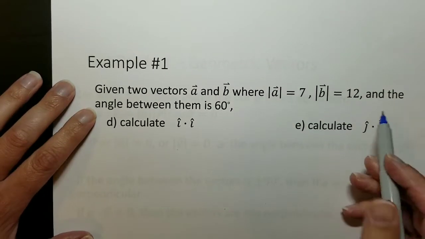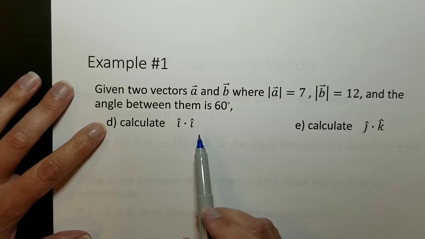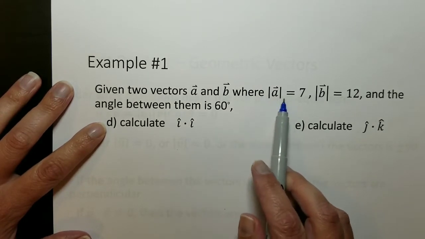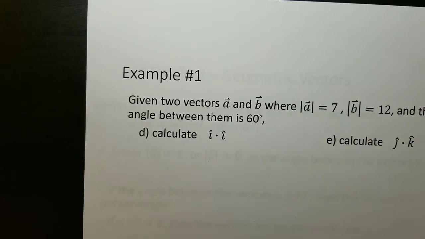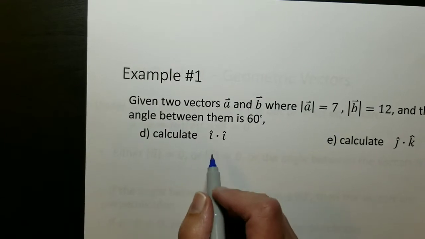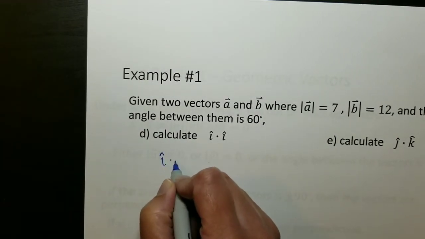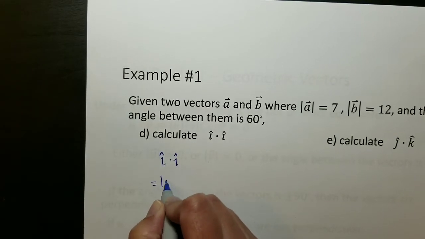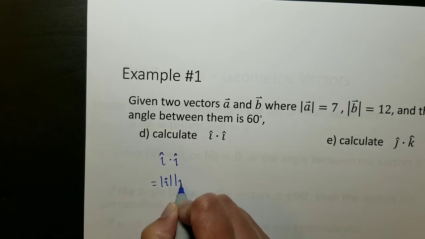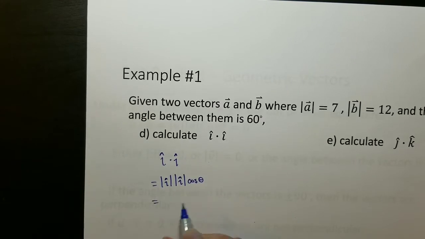Now, we're not dealing with A and B anymore, but we're looking at our special basis unit vectors, i hat, j hat, and k hat. Here, i hat dot i hat is the magnitude of i hat times the magnitude of i hat times cos theta.